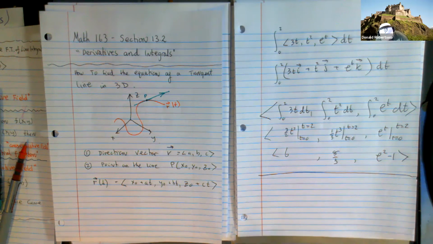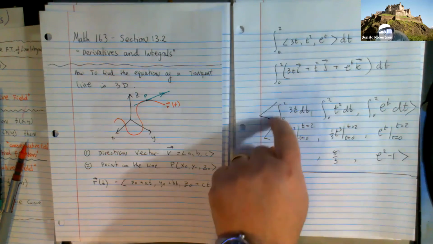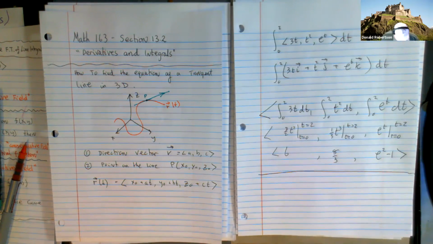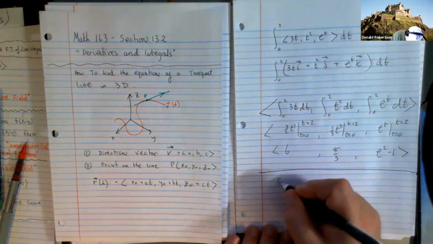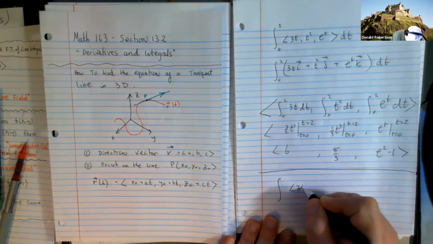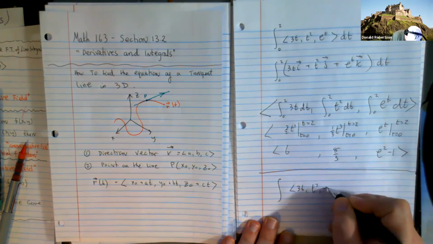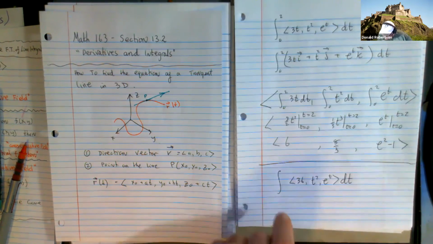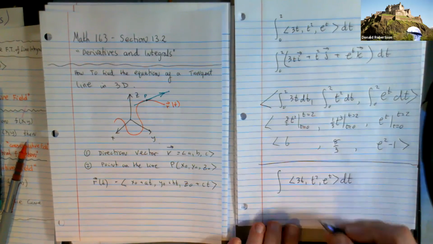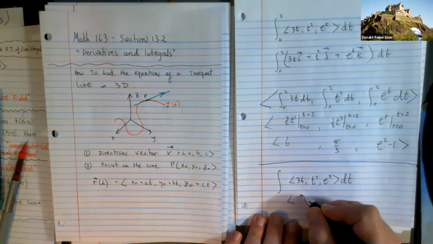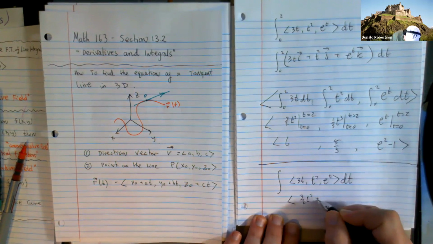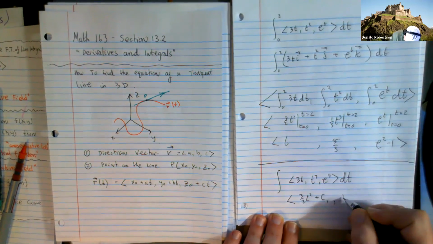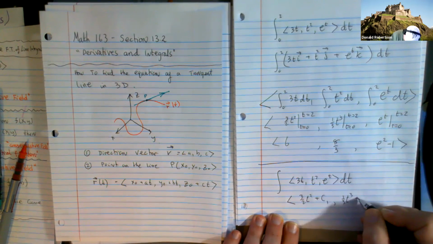Now, this is a definite integral, so it has limits of integration, so you expect numbers. If it had only been this guy, an indefinite integral, wouldn't the difference be that your answer would look like this?